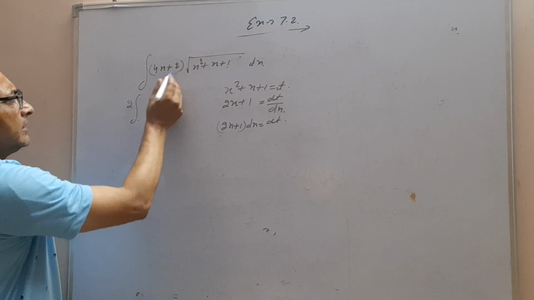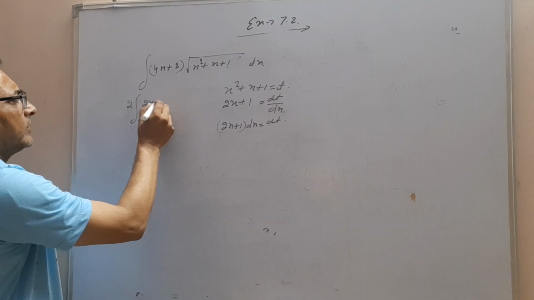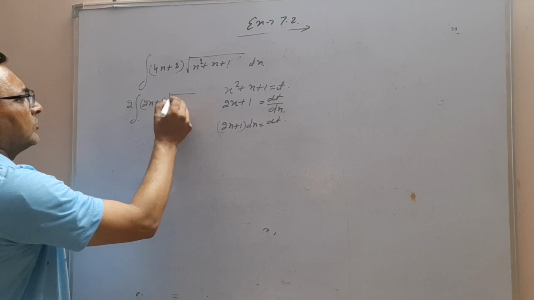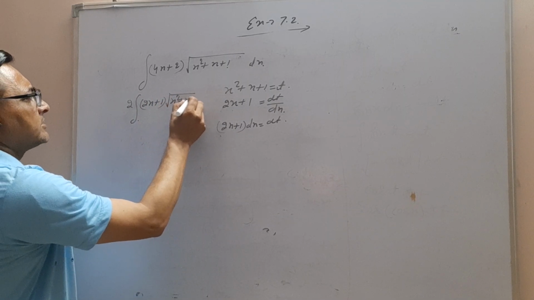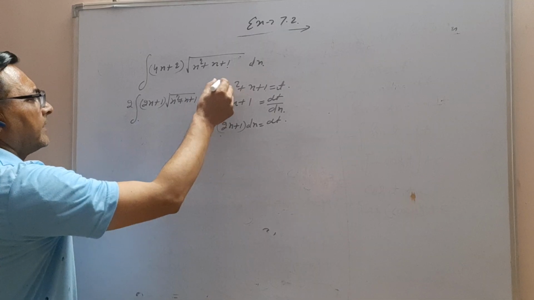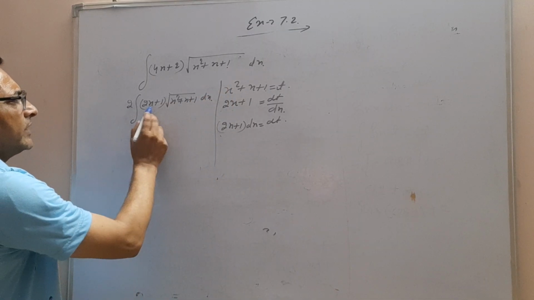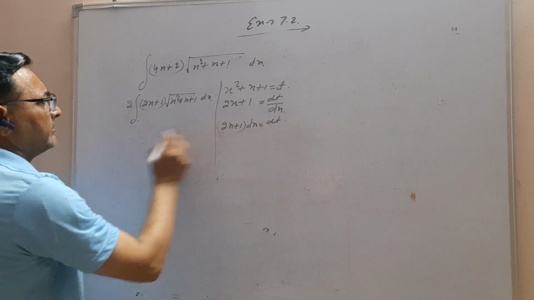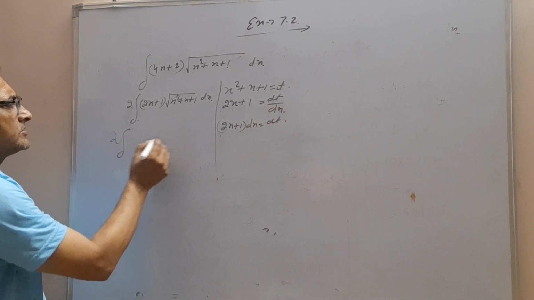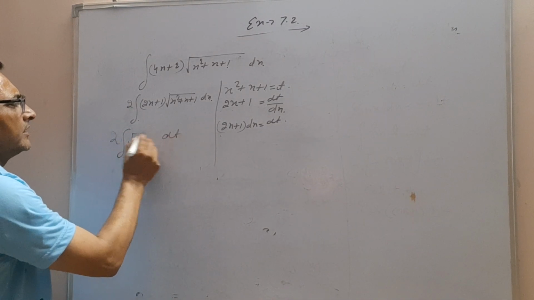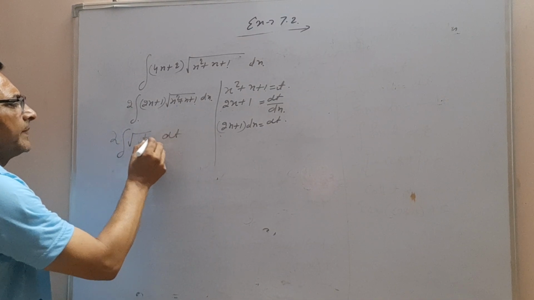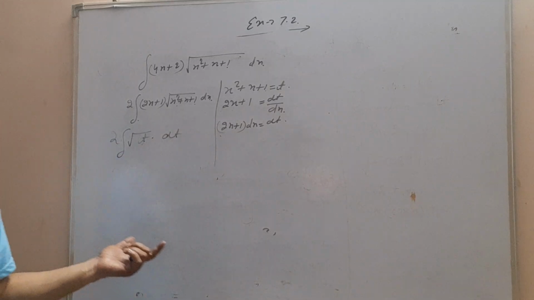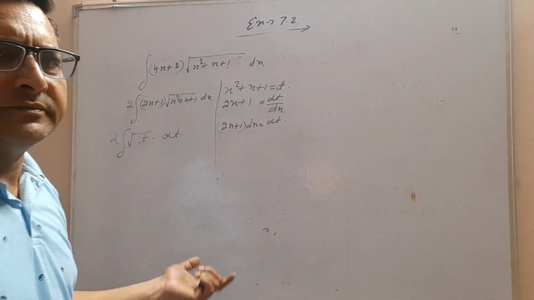If we take 2 common, it will be 2 into (2x plus 1) into root x square plus x plus 1 into dx. Now check, 2x plus 1 into dx will be dt. So it will be twice of dt, and under the root this term is t. The question is the same as the last question.